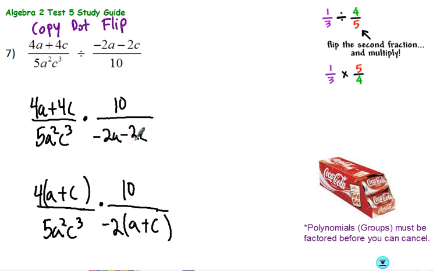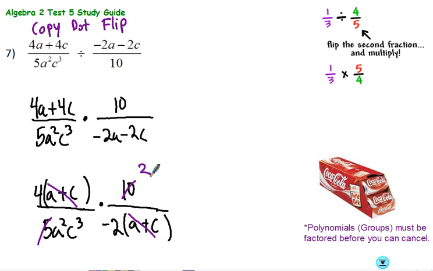And the other thing you want to keep in mind is that if this is an a plus c over here, then this is probably going to be an a plus c over here. Because that's the whole point of this, we're trying to cancel stuff. We're trying to cancel groups, right? So you start looking for that. You start looking for things that kind of match up so you can cancel them. Well, now they are the same, so we can cancel.